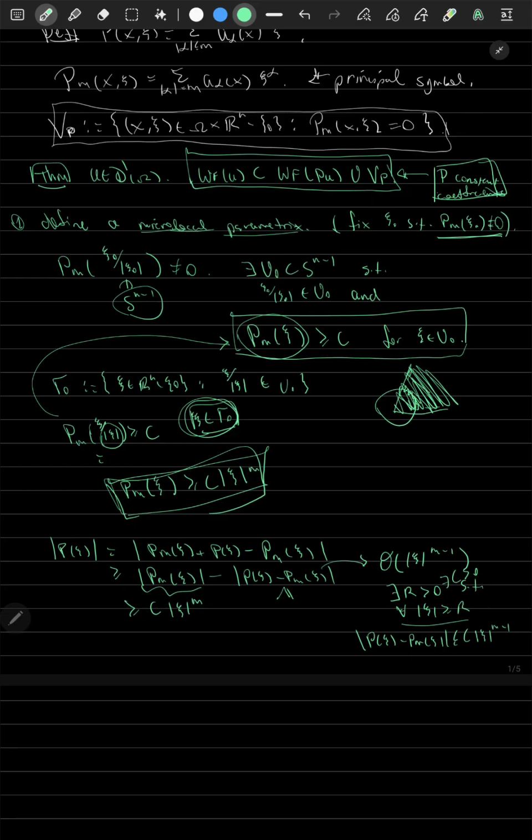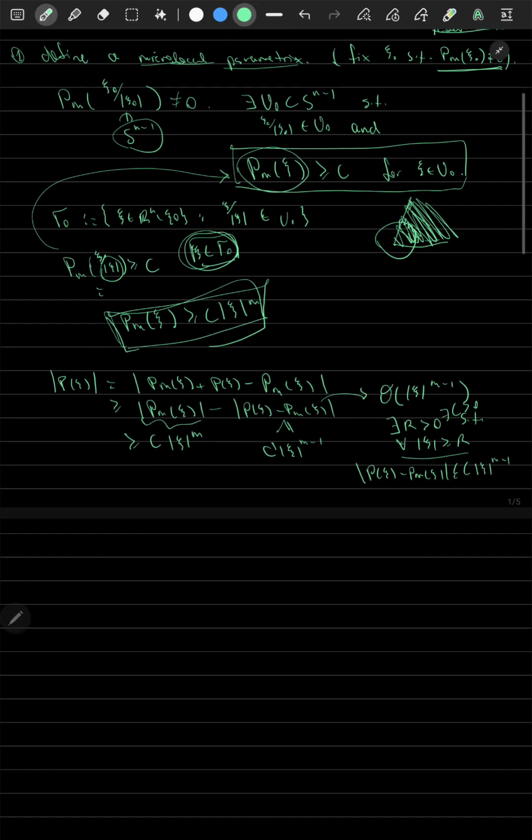So we can bound this above by c xi to the m minus 1. So this is, I guess, another constant, so I'll call this c prime. And yeah, so now what we have is that all of that is greater than or equal to c xi to the m minus c prime xi to the m minus 1.